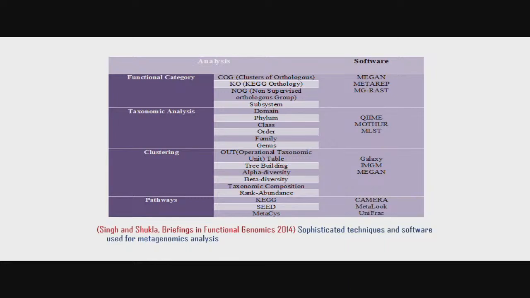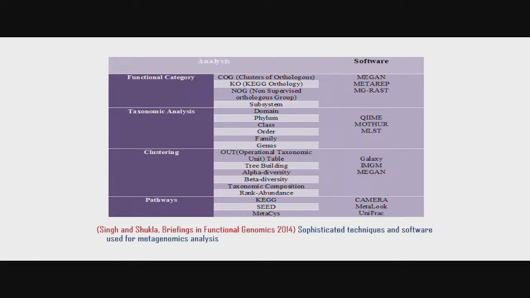For functional category, if you want to know the functional category, you can use COG, MEGAN, MG-RAST. MG-RAST people are using. Then taxonomic analysis: if you are interested only in the taxonomic analysis of a microbe or whatever you are working on, you can use domain analysis software such as class, order, family, QIIME, and MLST.